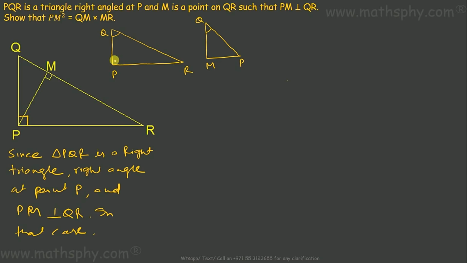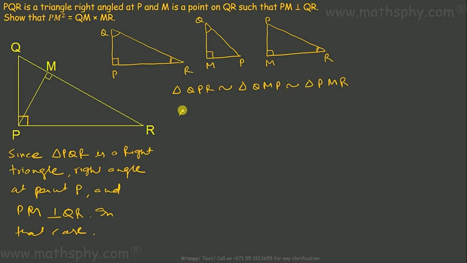This is right angle. This triangle here is also right angled at M, R and P here. Now, triangle QPR would be similar to triangle QMP would be similar to triangle PMR.